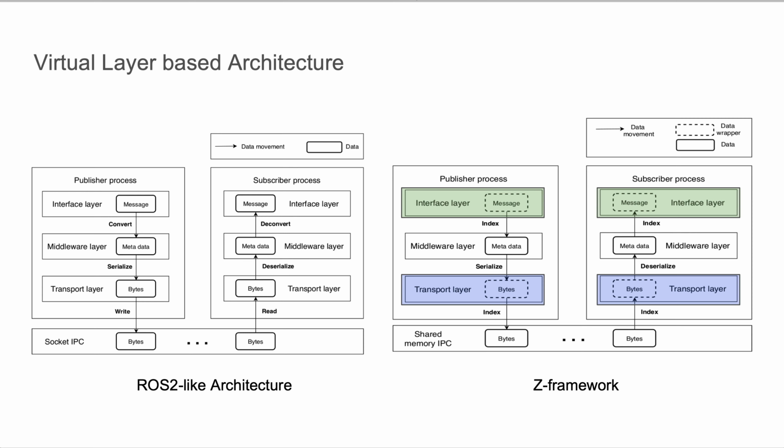The interface layer is a virtual layer, and the data in the layer is a wrapper. The real data is in the middleware layer and is pointed to by the interface layer. The transport layer is another virtual layer as well, where the real data is in the shared memory and can be shared with other processes.